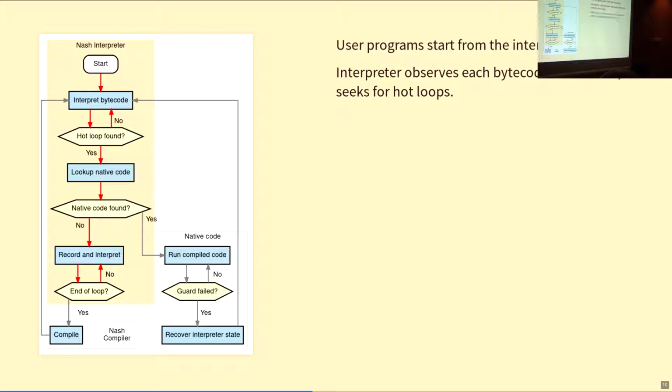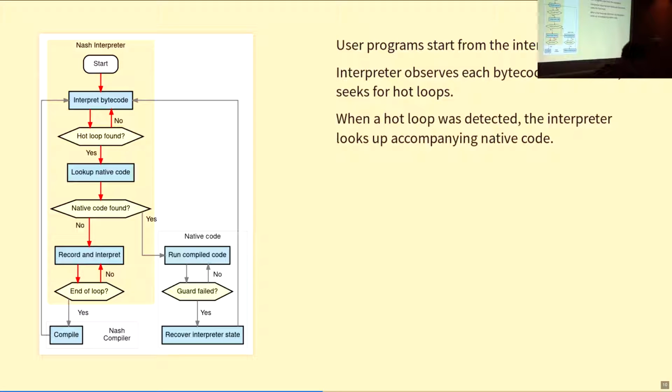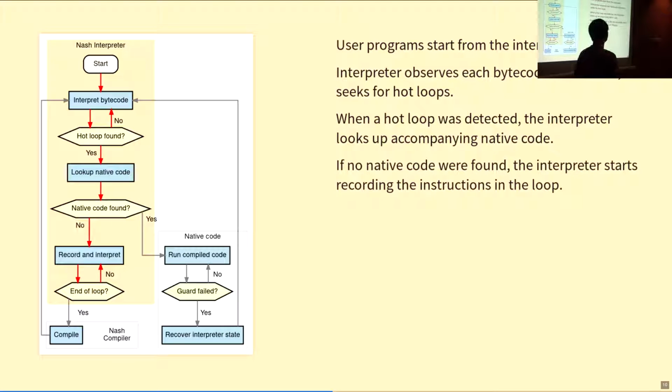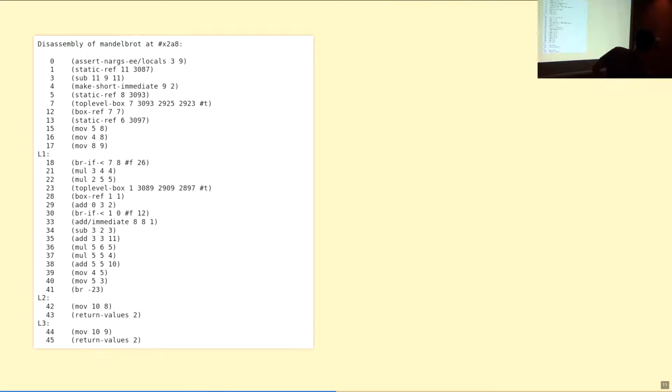When a hot loop is detected, the interpreter looks up the accompanying native code, which is here. But in the beginning, there's no native code yet, so the interpreter starts recording the instructions in the loop. This is the bytecode of the Mandelbrot.